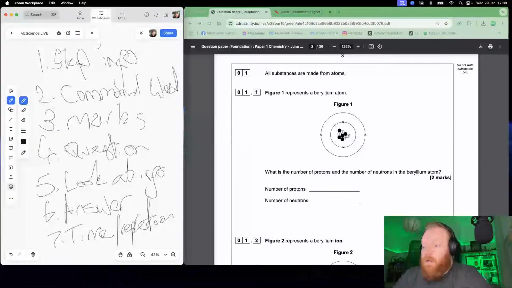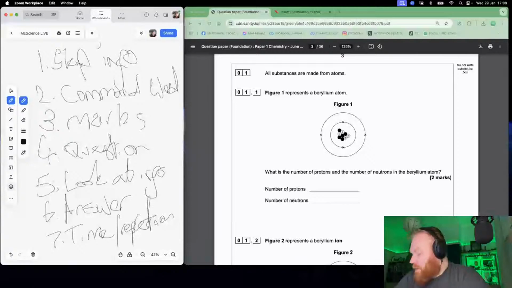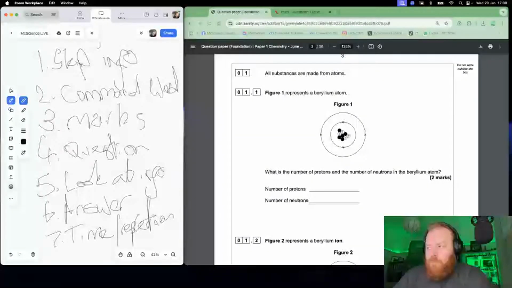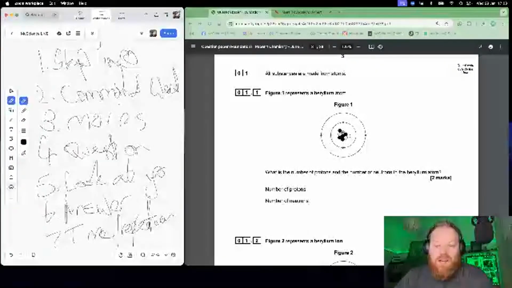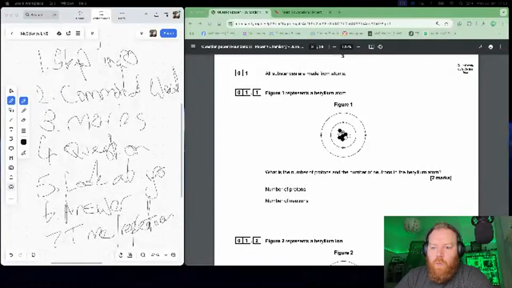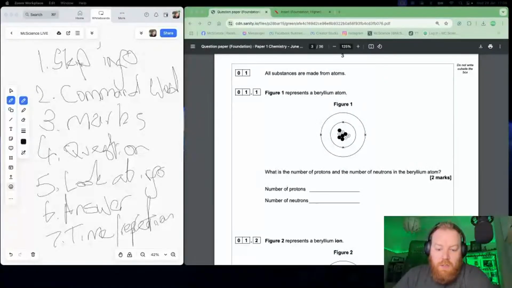You might be able to say instantly what the number of protons and neutrons are without any difficulty, and it might take you just 20 seconds.